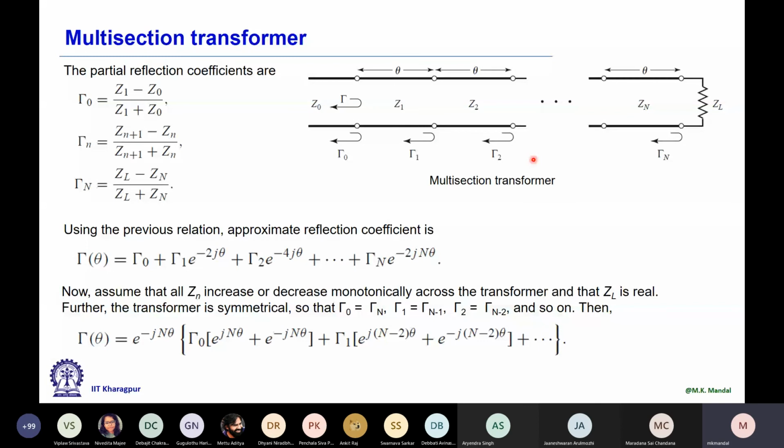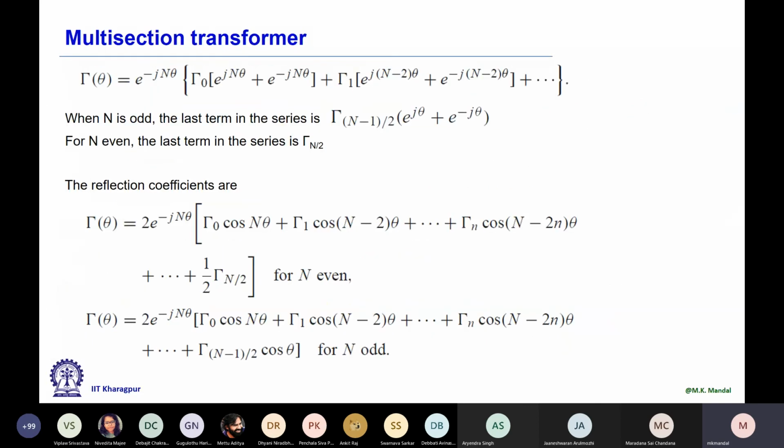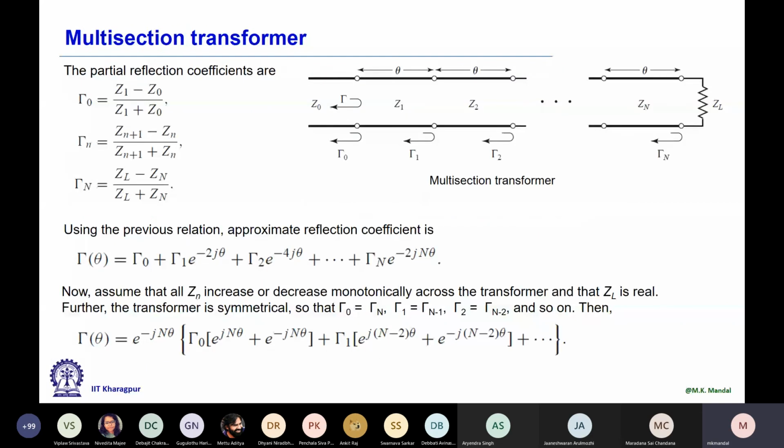Now we do some rearranging of the terms. We can have different situations, so we want to discuss that, and we can introduce cos theta and sin theta in this. Now assume that all the Zn either increase or decrease monotonically. In most cases that will be the requirement.